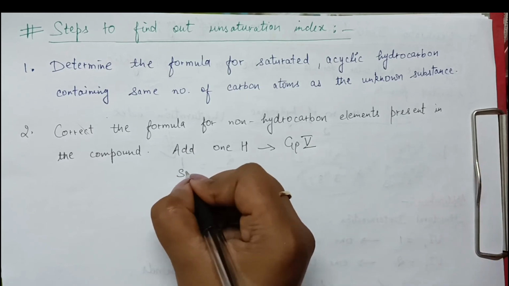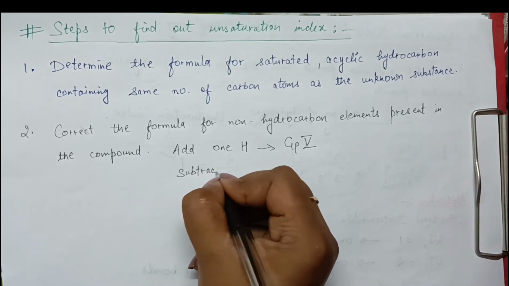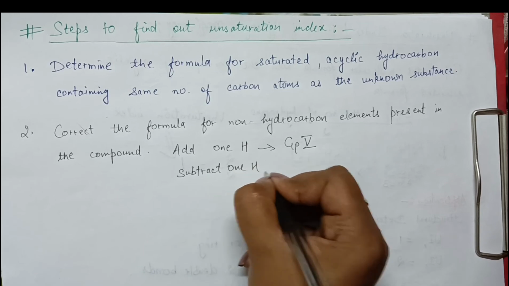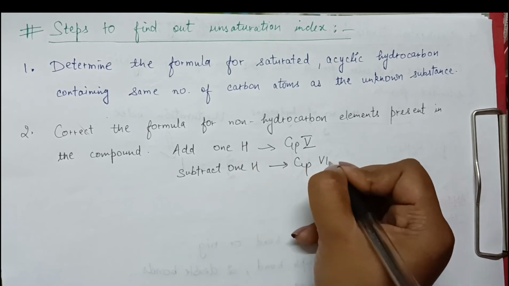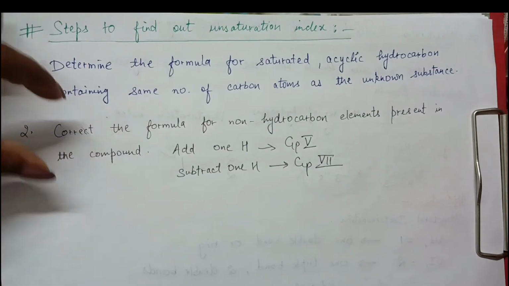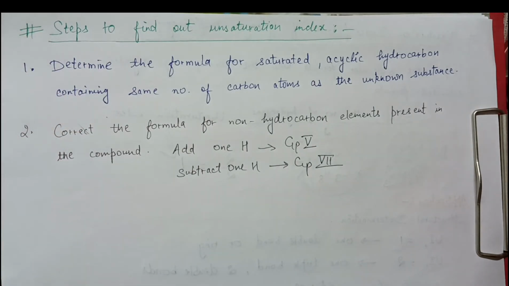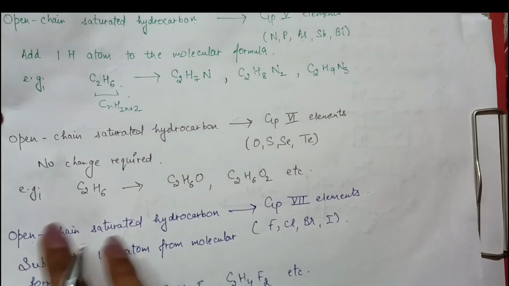And subtract one hydrogen if one group 7 element is present, right? We have discussed this one earlier. For group 6 we do not change anything, right? We have discussed it here.